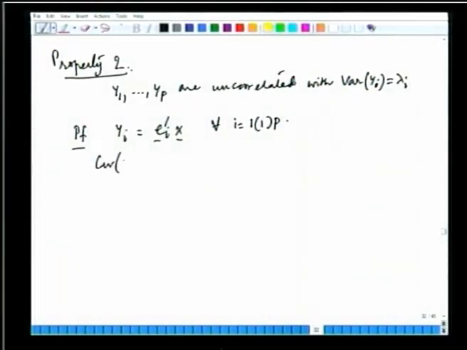So if I really have to consider what is the covariance between yi and yj, it is nothing but the covariance between ei prime x and ej prime x.